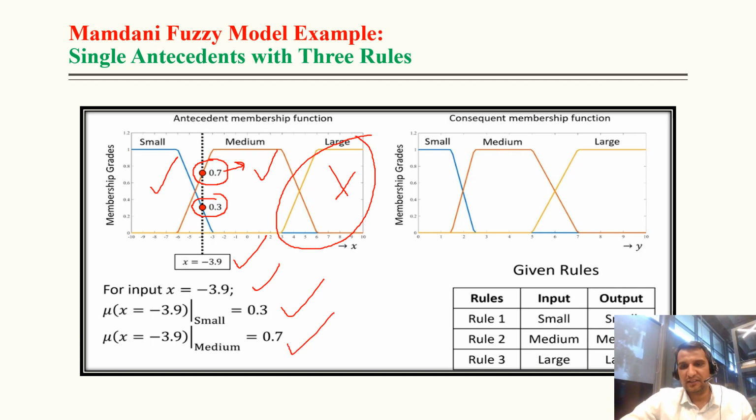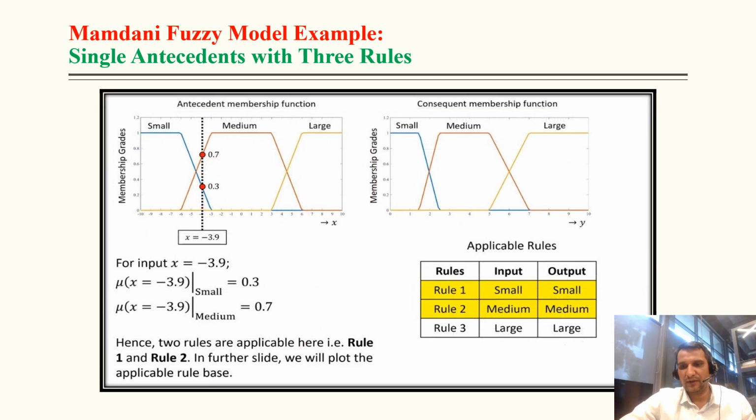In this case there are three rules: small, medium, large. But only the first and second rule will be applicable, because this input bisects the small and medium parts, right?